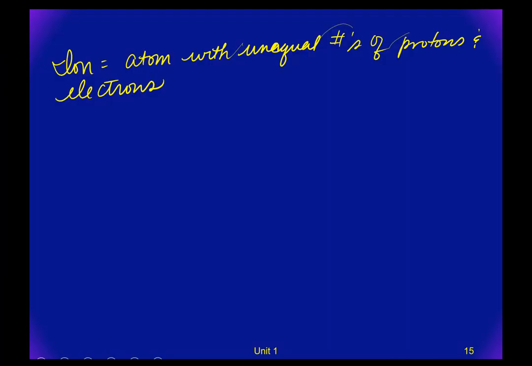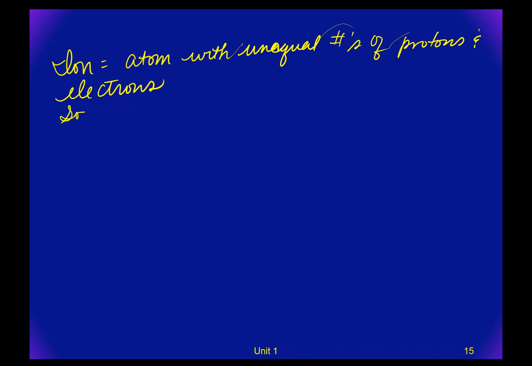In a perfect world, that means I've got 11 protons, 11 neutrons, and 11 electrons.